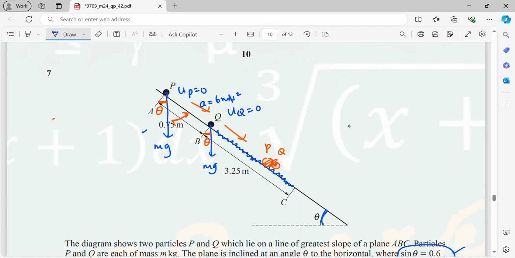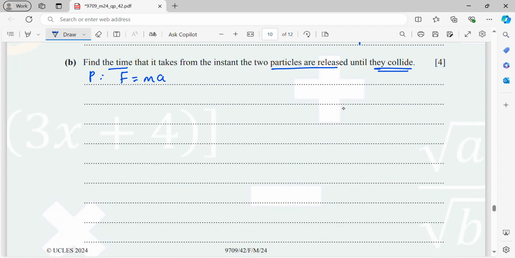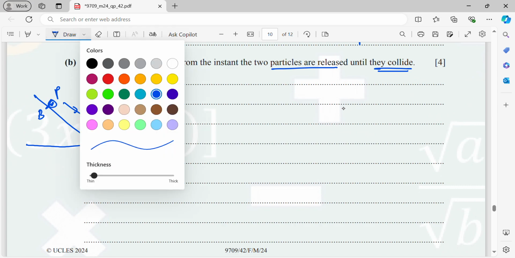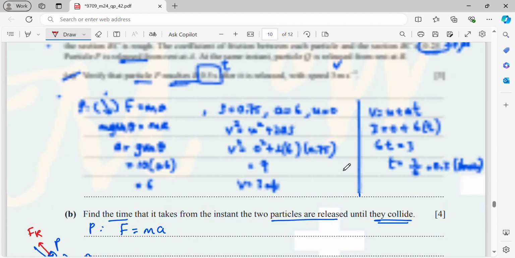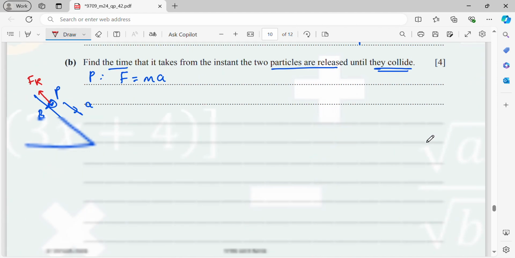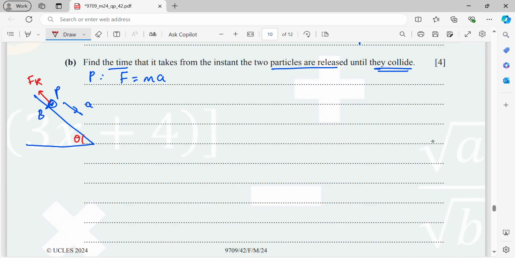Rough plane, you will have to consider the frictional force. So that means now when I refer to the point P, let's say I draw this diagram. This is my B. Then here, this is my P. It moves down, so the frictional force will be going up. This is Fr. Here, the angle is given, theta, sine theta is 0.6, right?